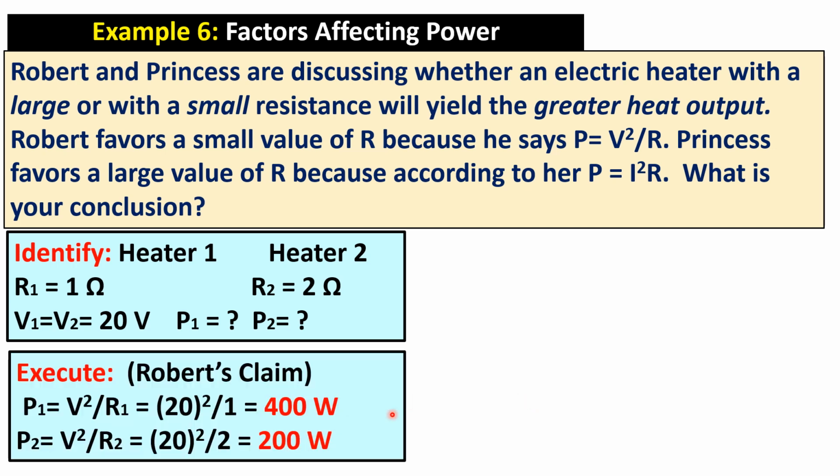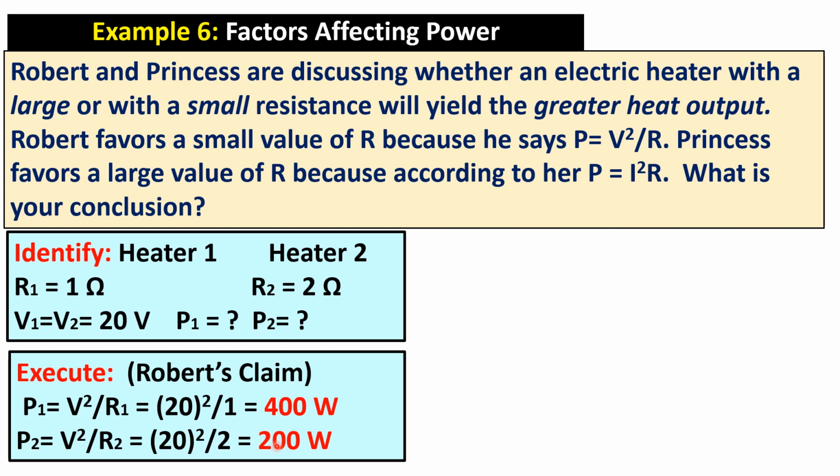As claimed by Robert, P1 is equal to V squared over R1. Substituting the given voltage and R1, we get this power P1 of 400 watts. While for the higher resistance heater, using the same formula, we get 200 watts.